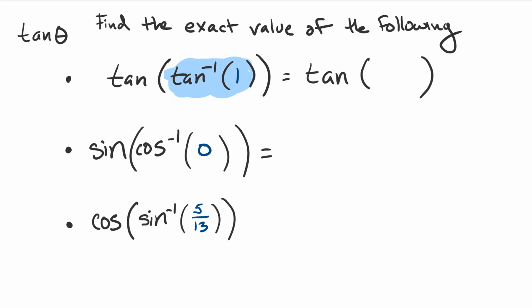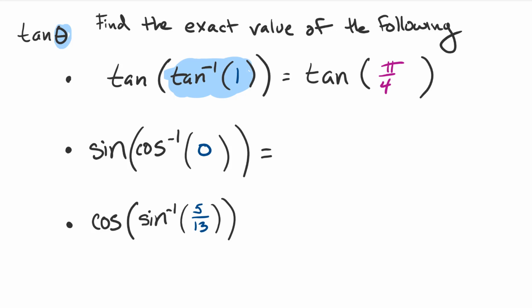That inverse there is theta. Remember, inverses are angles. So what's inverse tangent of 1? Well, that's where sine equals cosine. That's at 45 degrees. Actually, let's talk radians. That's pi over 4.